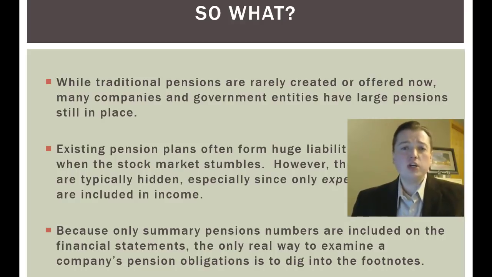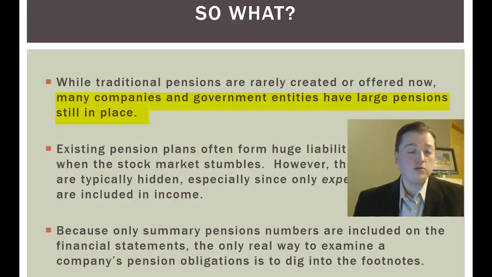The other reason that we still care about pensions is because all of those old pensions from earlier generations are still in force, and a lot of government entities are still offering pensions, as are some high-tech industries and companies. So we still see a traditional pension for a lot of state employees, especially firemen and policemen, military, etc. But we also still see it if we've got specialized people and we want to make sure we keep them.